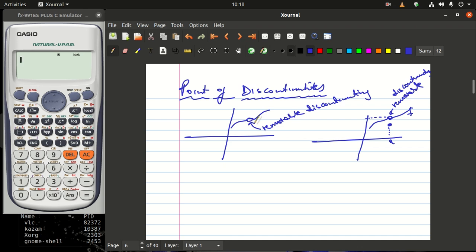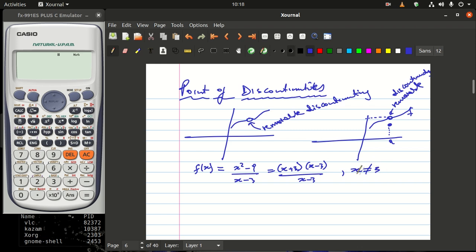A removable discontinuity is this. The reason behind this is because of this. You only get a hole if you have a function such that something like this. So if we had this function, I have x minus 3. This function is the same as x minus 3, x plus 3 and x minus 3, and then divide by x minus 3. And we know that for this function, we don't want x to be equal to 3.